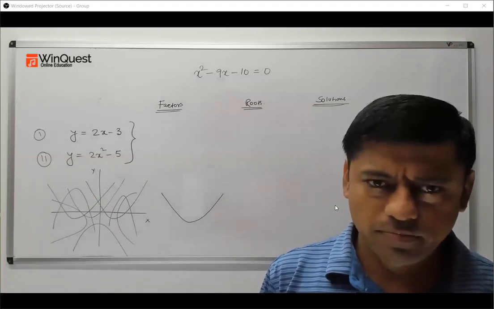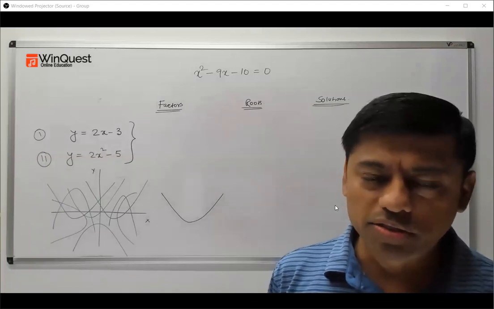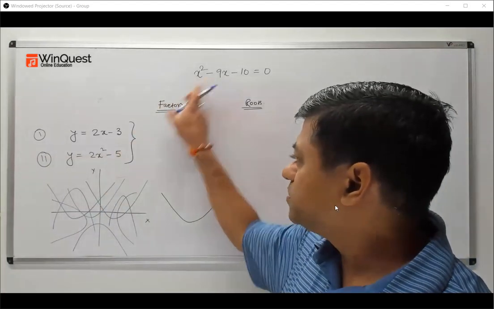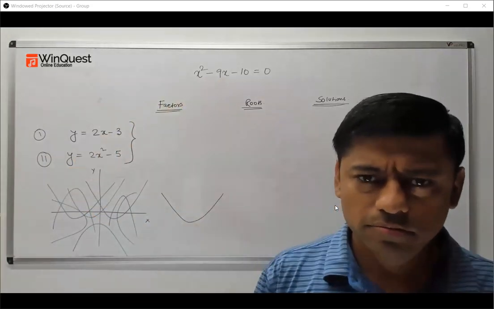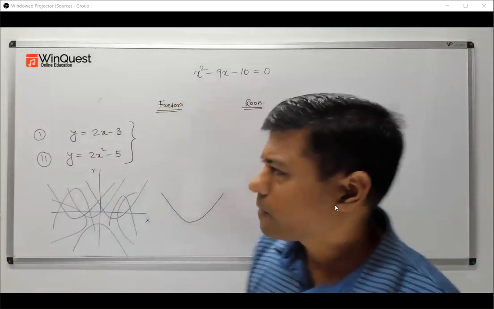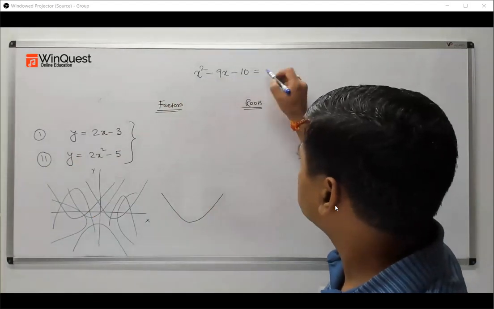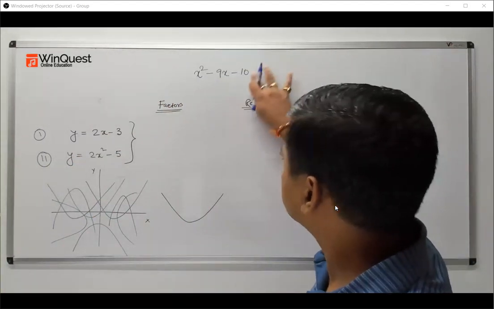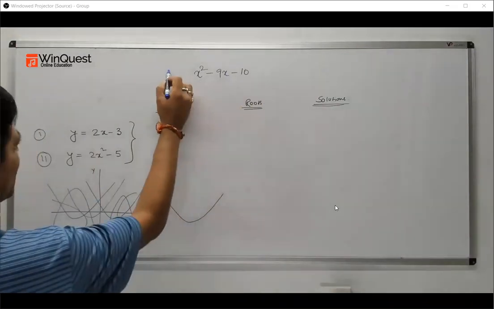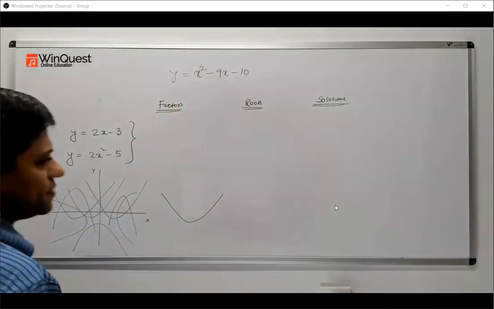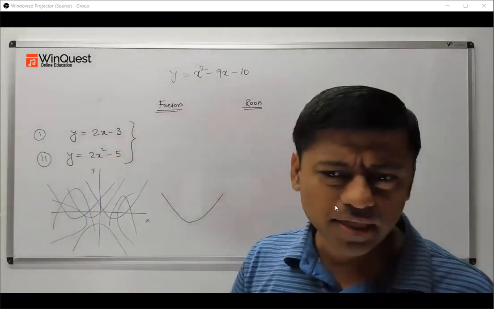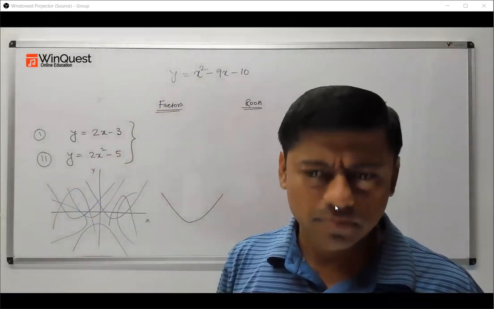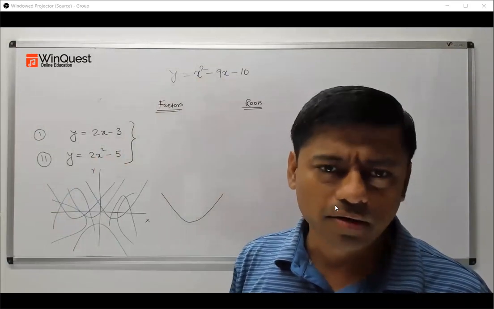Okay. What is the difference between this and this? There is a y here, there is no y here, right? So I can say y equals this. Now this and this look similar.